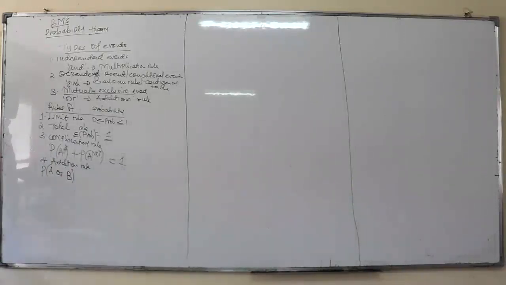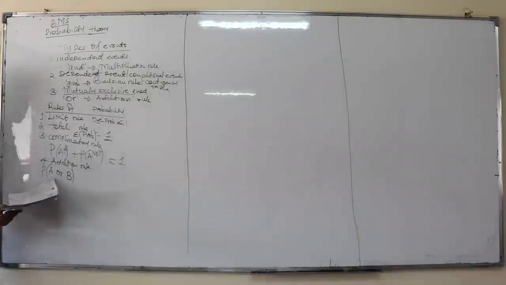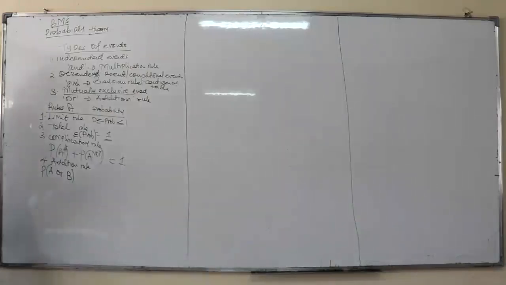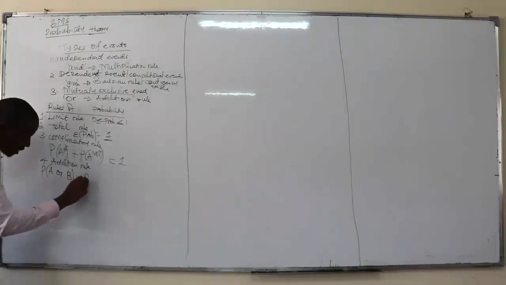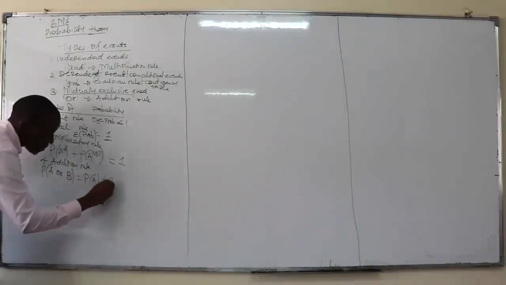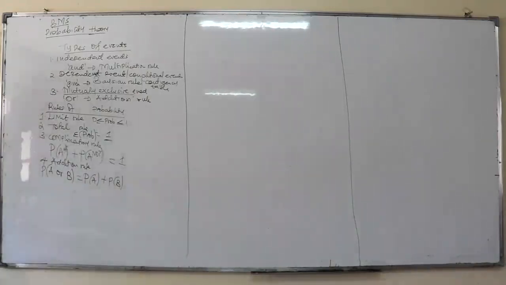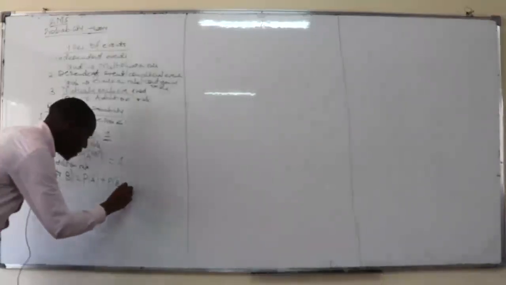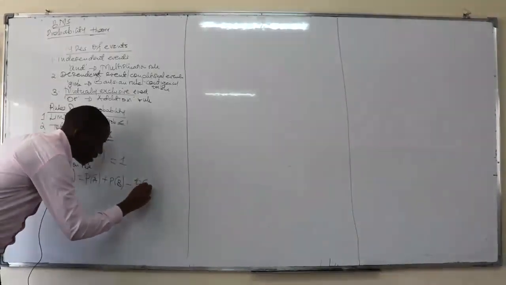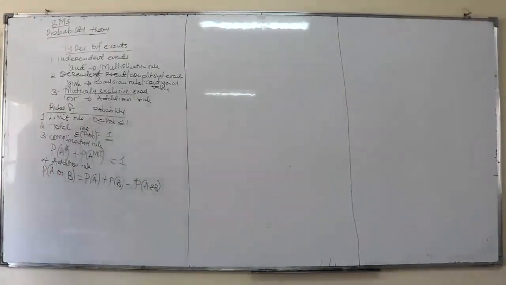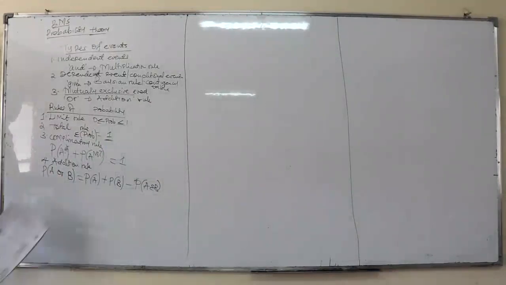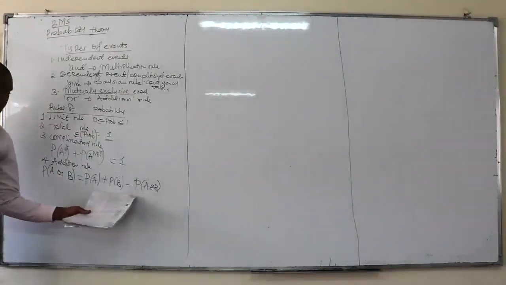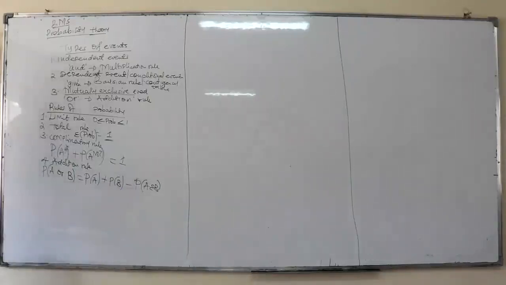Remember, under set theory, when you are looking for the union of events, you are getting the values of A and the values of B. But for the addition rule, you take the probability of A, you add the probability of B, and then you also subtract the probability of A and B. So A or B is the probability of A plus the probability of B minus the probability of A and B.